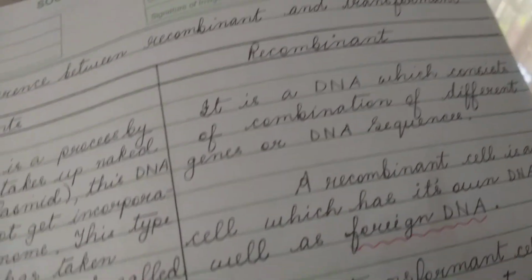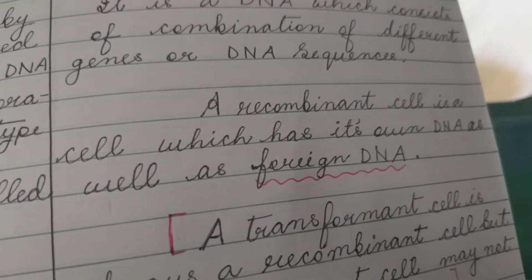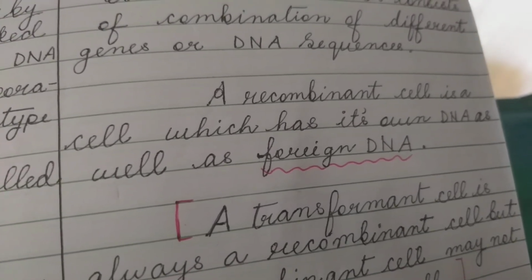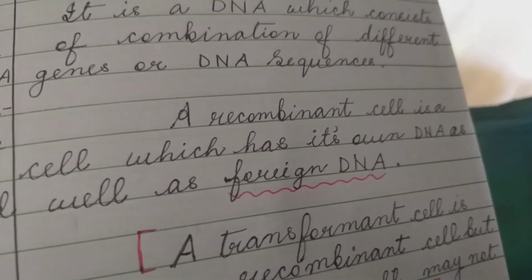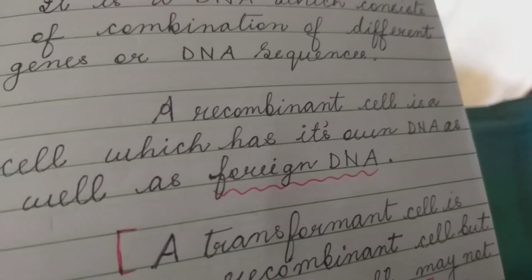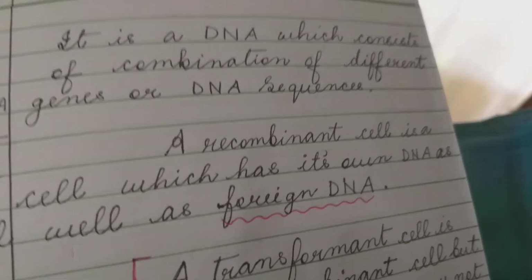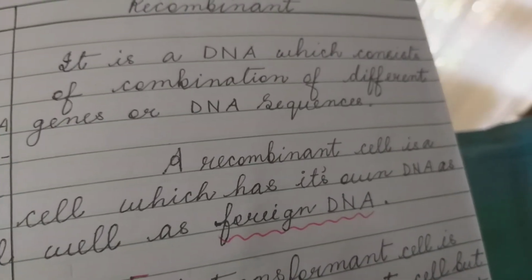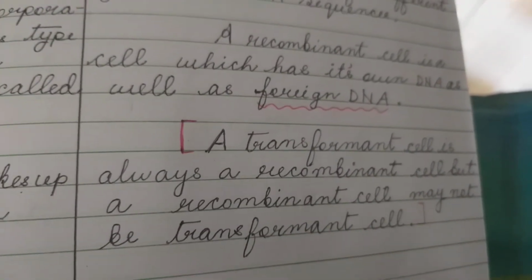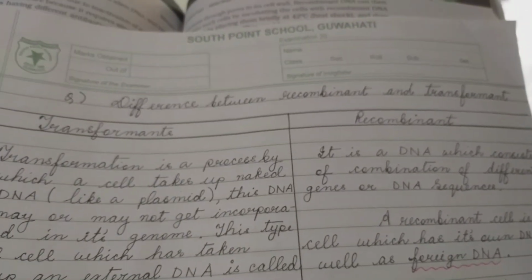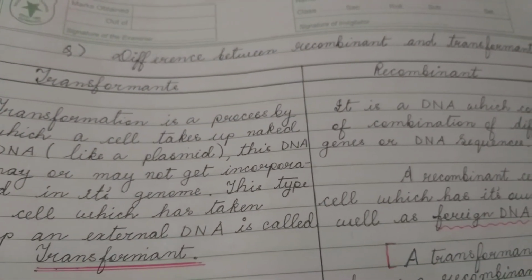And recombinant means a cell that takes up a recombinant DNA which is incorporated in its genetic material. This is the difference between transformants and recombinants.